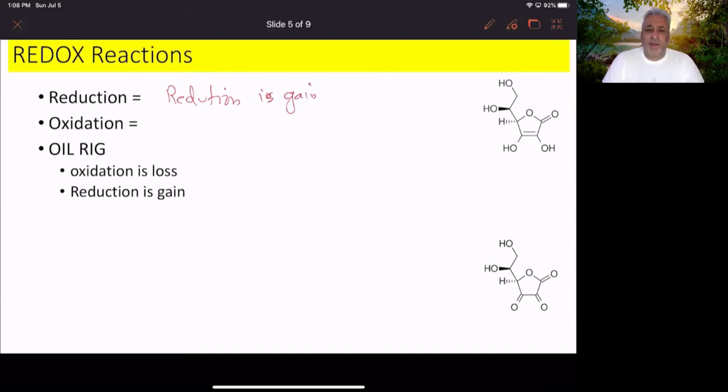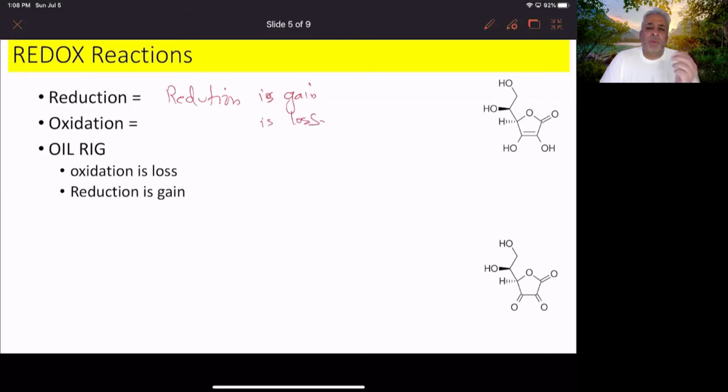And the opposite of that is, where did those electrons come from? So the entity or the atom or the molecule that loses control over its electrons in this single manipulation is said to be oxidation. So oxidation is loss of electrons.